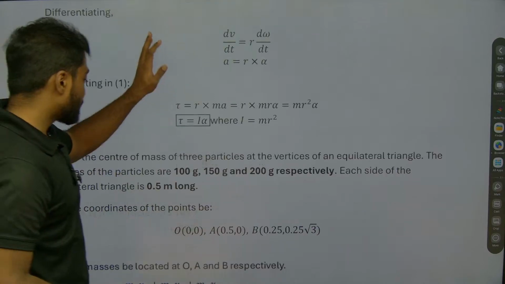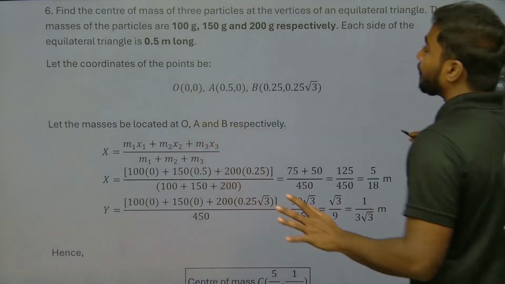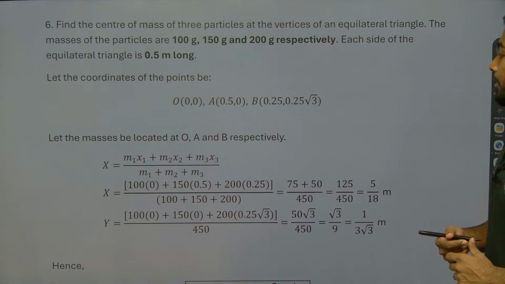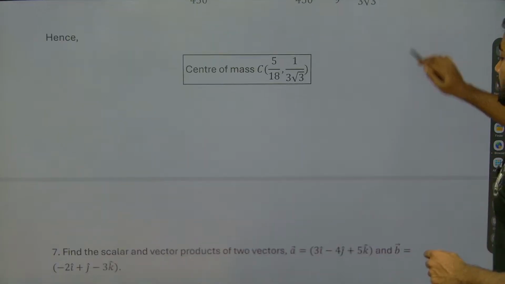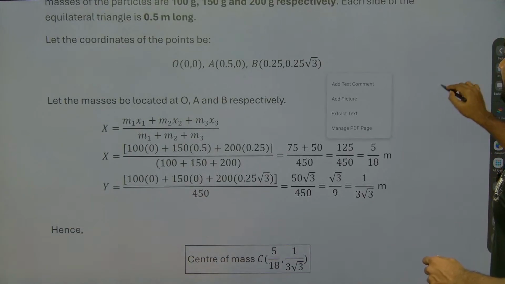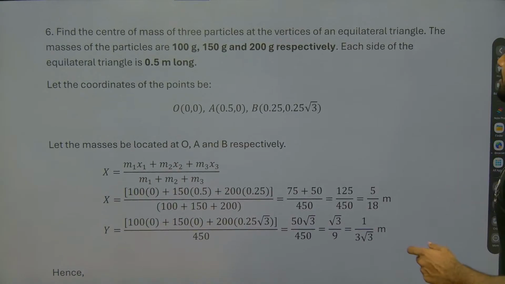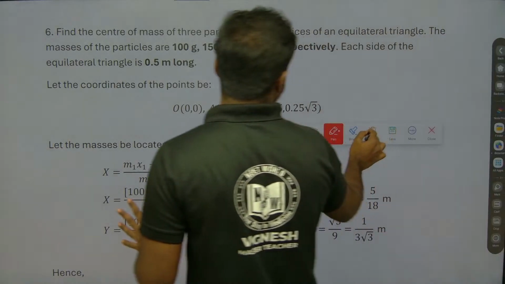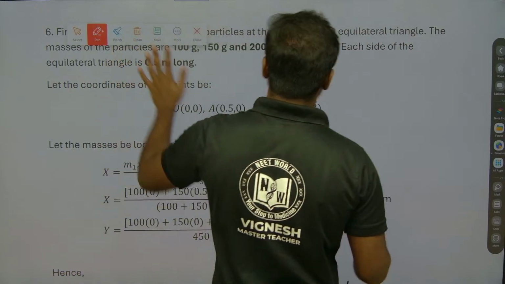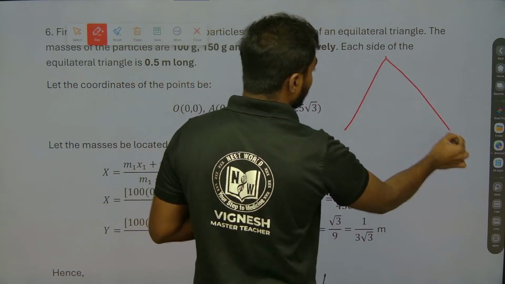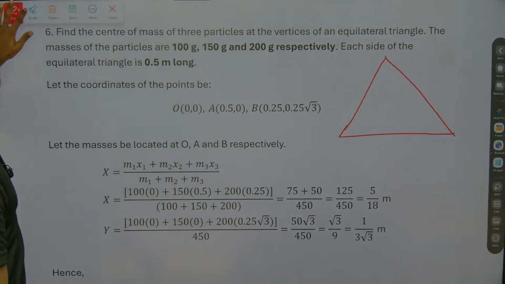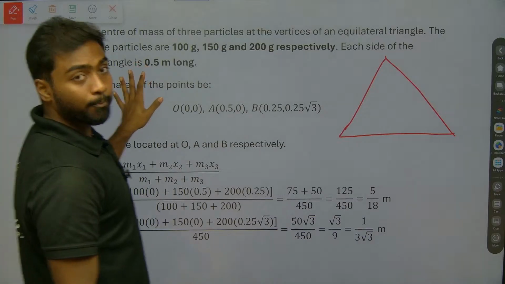Okay. So the next question: find the center of mass of particles at the vertices of an equilateral triangle. Let me draw the diagram here first. Each side of the equilateral triangle is 0.5 meter. If I draw the diagram, it will be easy to analyze. So this is my equilateral triangle, and the side of the triangle is 0.5.